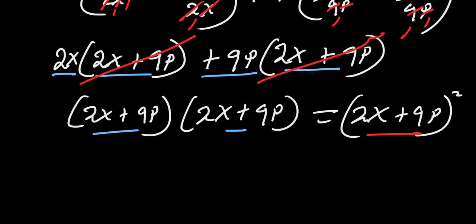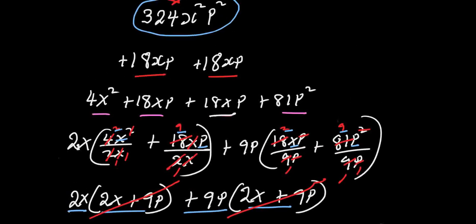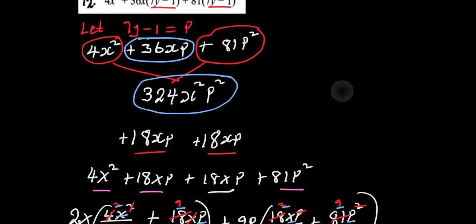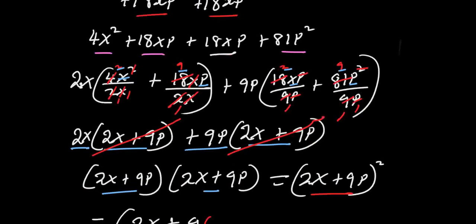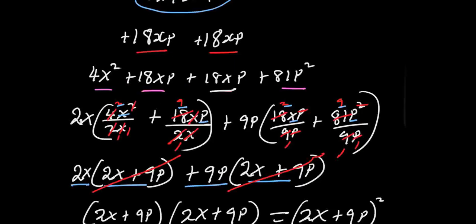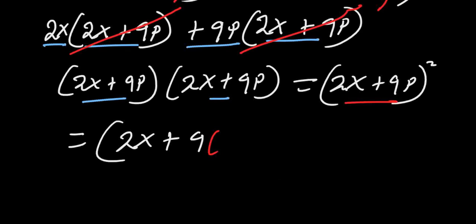So this will become equals to open parentheses 2x plus 9. Instead of writing p, let's just open a parenthesis and bring back the value. So the value of p, okay, good. Look at p over here. All right, so 7y minus 1 is equal to p. So let's return that back. 7y minus 1. All right, so p is 7y minus 1.